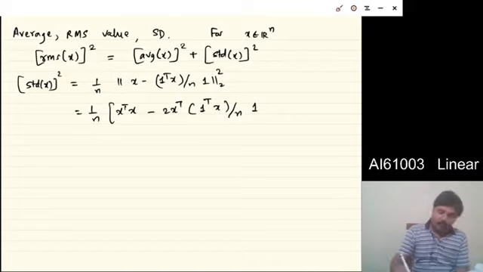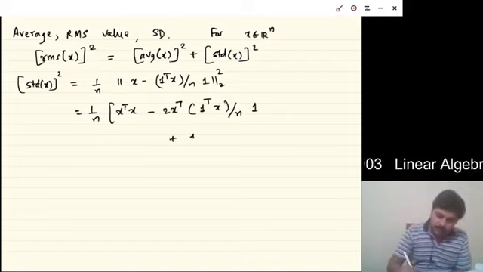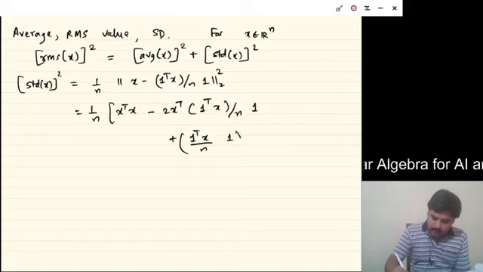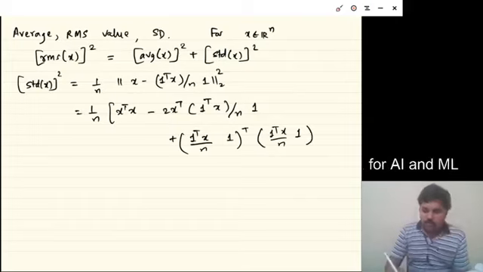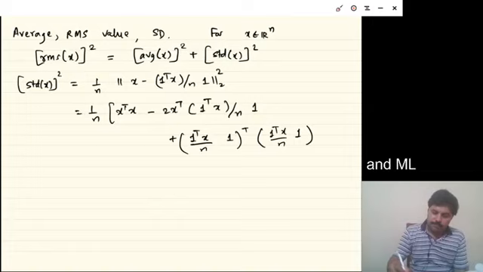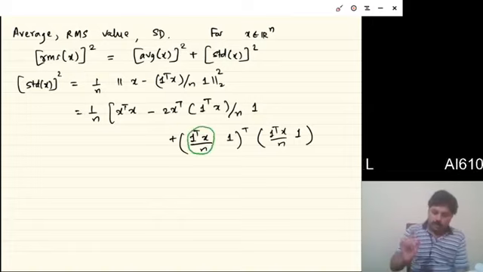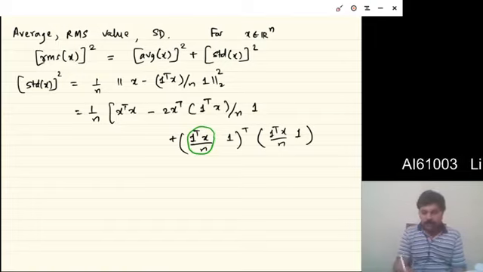And then I have the inner product of this vector with itself, which is nothing but (1 transpose x divided by n) 1, and the transpose of this term into (1 transpose x divided by n) and 1, right? You have to understand that this term is a scalar. So this is a scalar. Please always remember that.